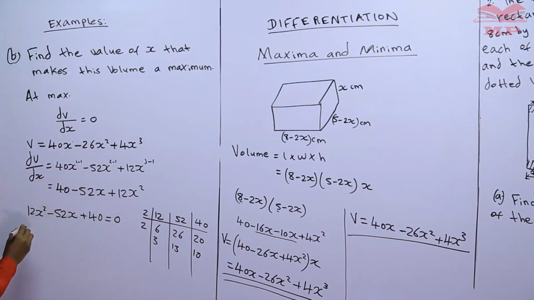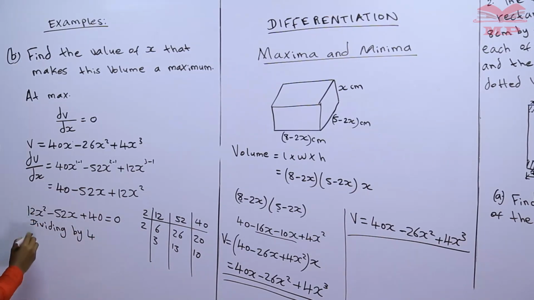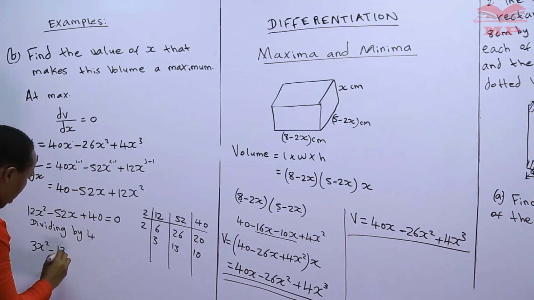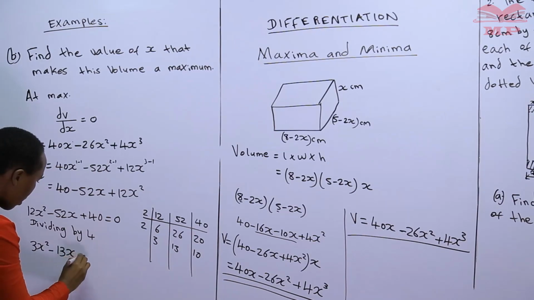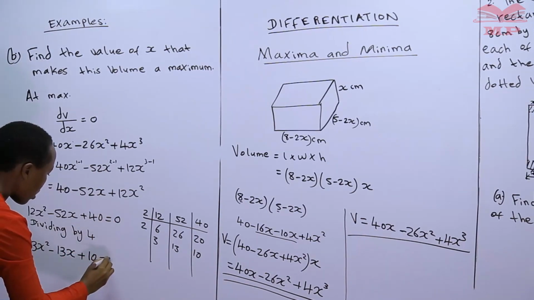So the common factor is 4. Dividing all through by 4, we get 3x squared minus 13x, then plus 10, and 0 divided by 4 is 0.